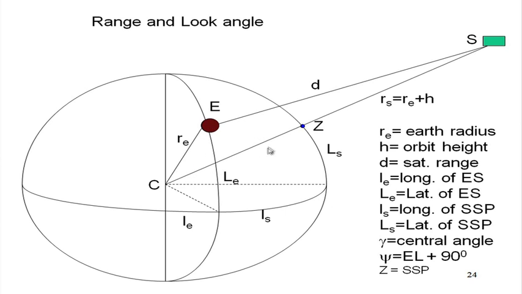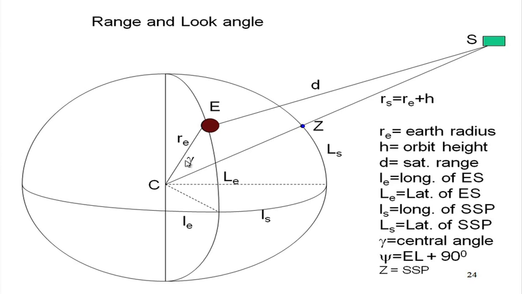Now, in this process we have created a triangle, that is C, E and S, from where we can find out what is the distance d, that is our target for calculation. So, in this triangle C, E and S, we must have some angles which are defined inside.